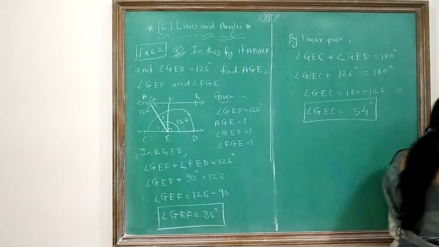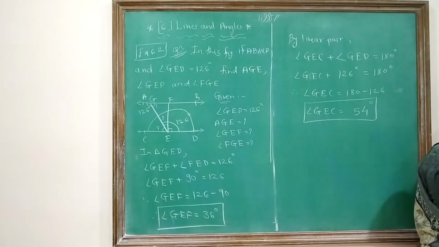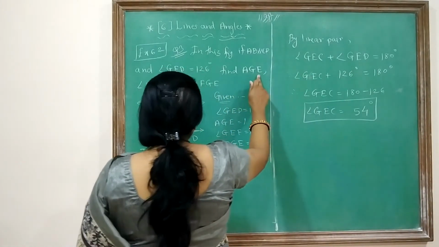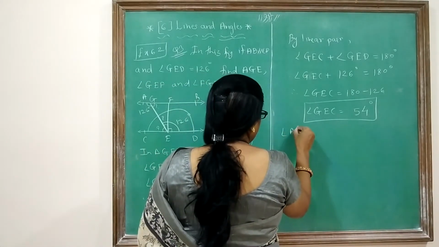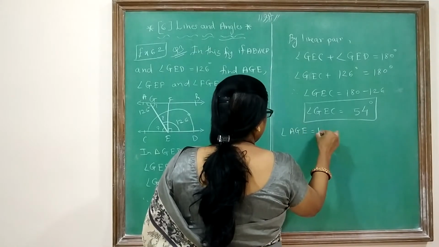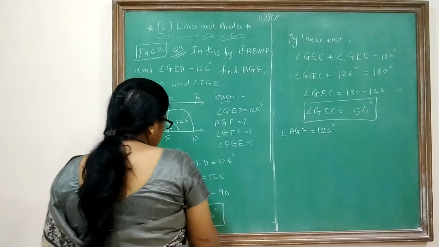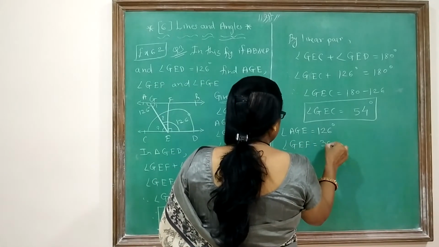And your question is what? Then see your question. Which question you are asked? AGE. AGE is 126 degree. Then GEF is 36 degree.